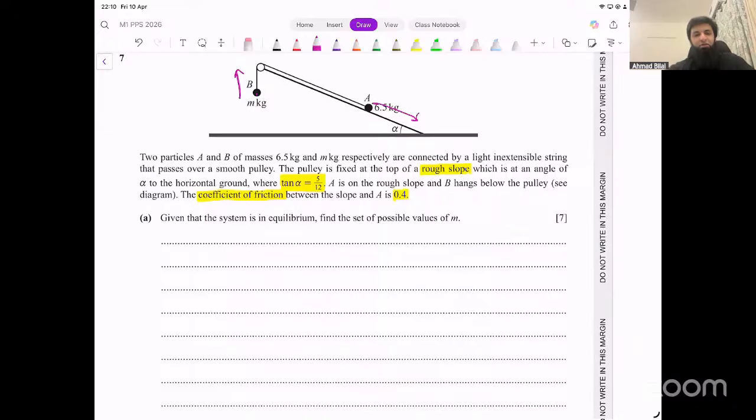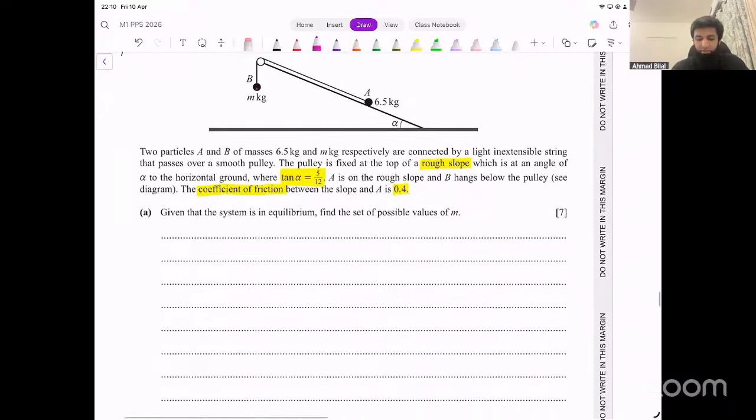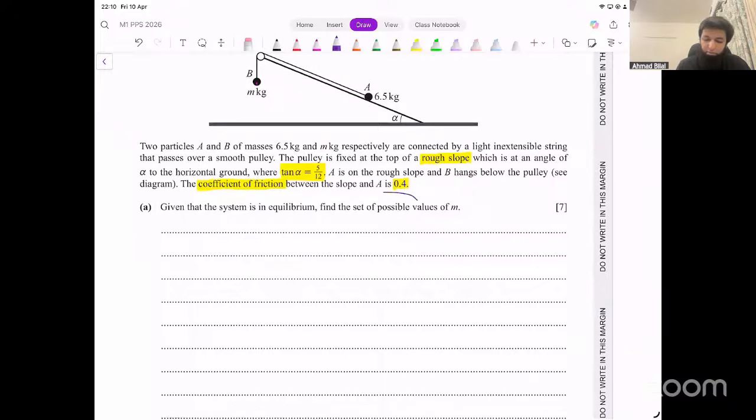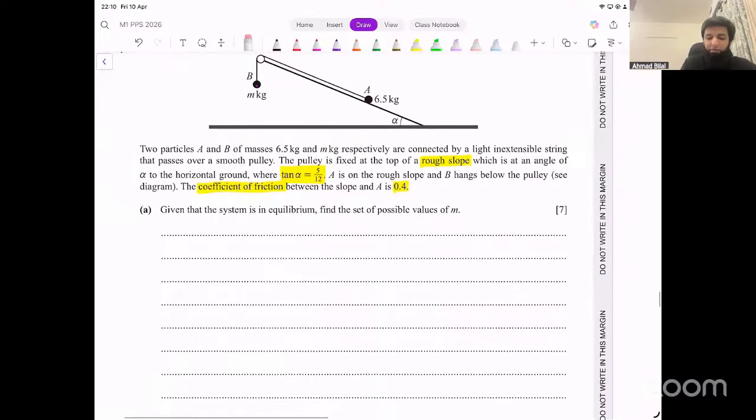You consider these two extreme cases of equilibrium. You'll get a value for M for each of them, and then any value of M between those two values is the set of possible values of M that we're looking for.